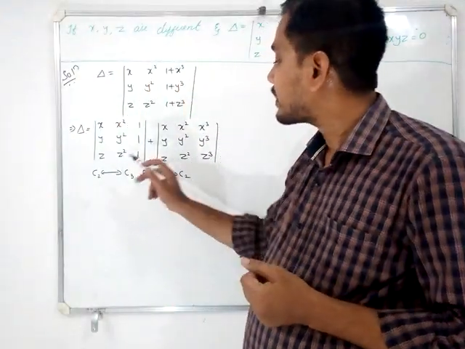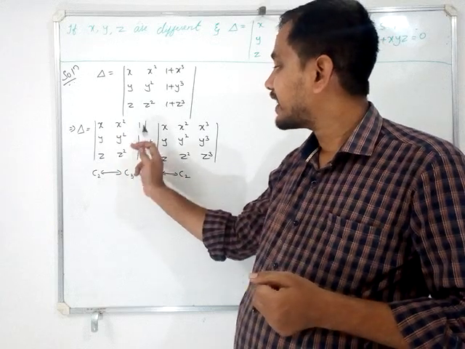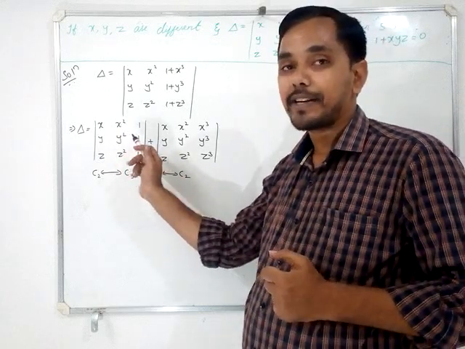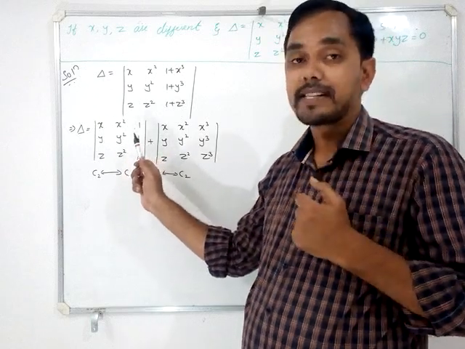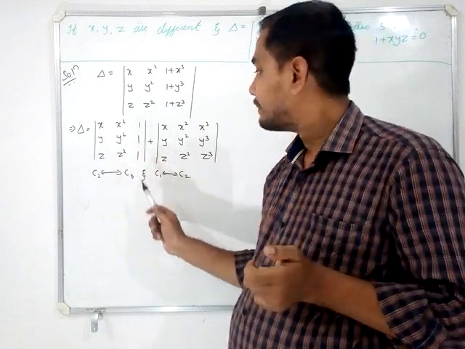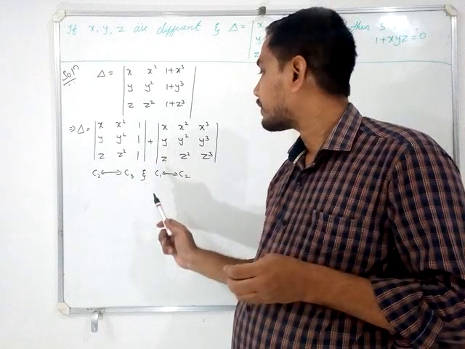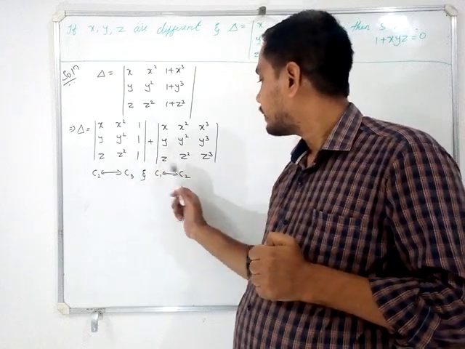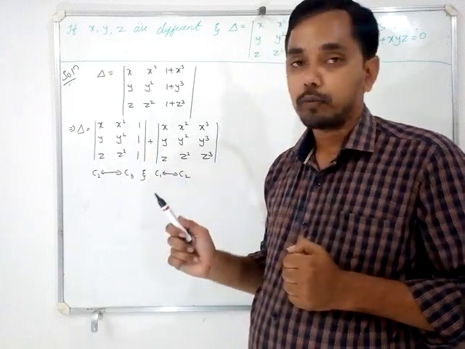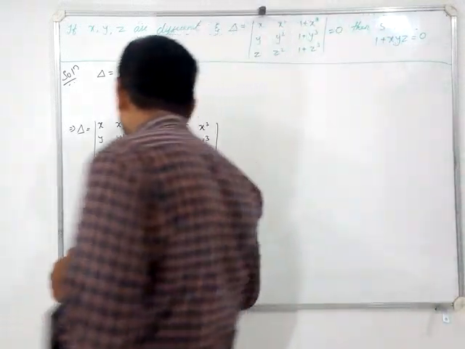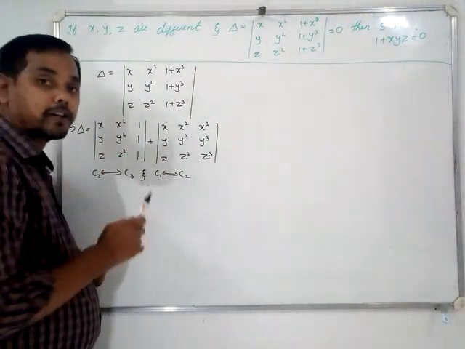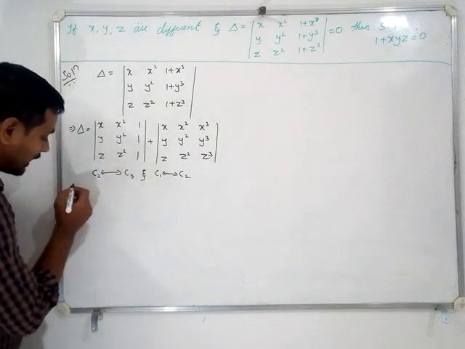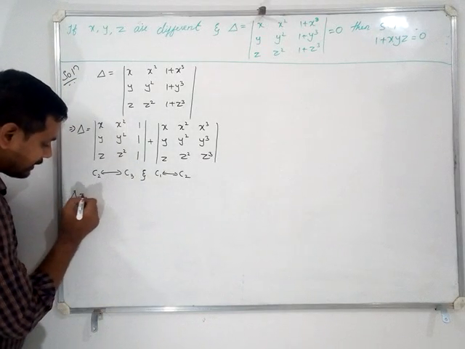What I am going to do is interchange C2 with C3, and once C2 and C3 are interchanged, then I am going to interchange C1 and C2, only for the first part. So what happens to delta, that is, the determinant?